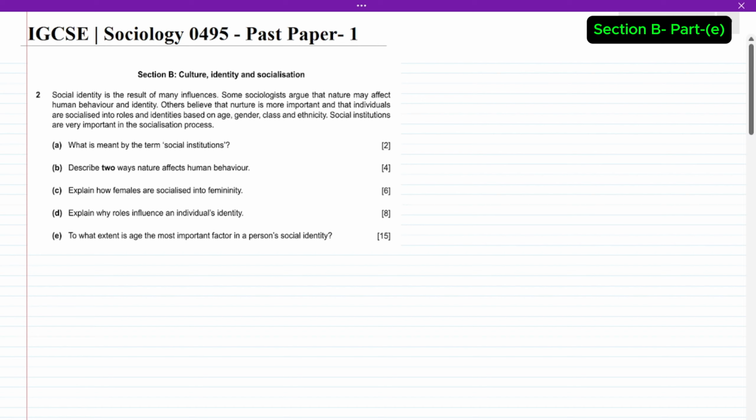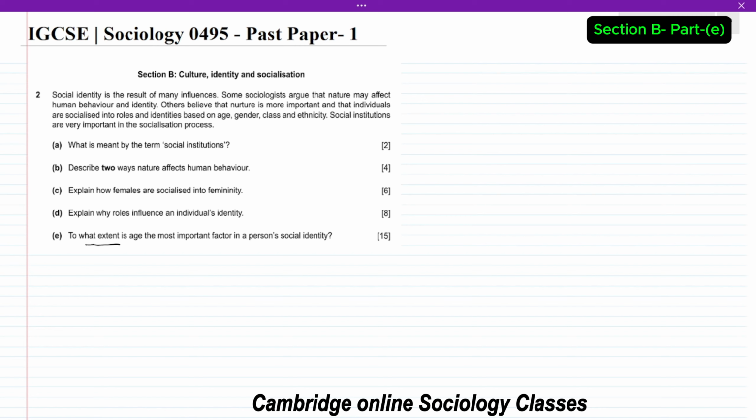Remember, whenever you see this kind of question, to what extent, in sociology, either in O level or A level, you have to give two different perspectives. In one perspective, you support the question, and in the next perspective, you oppose the arguments, and then you conclude why the first and second are important factors in a person's social identity.